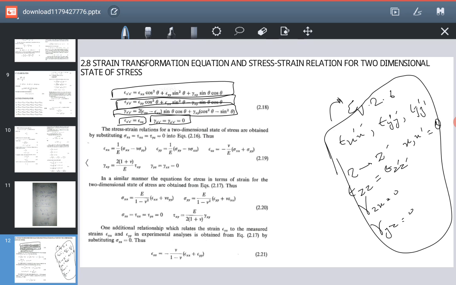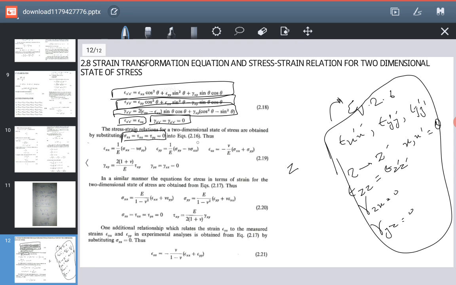Now another thing I'm going to do is assume a two-dimensional state of stress. From a three-dimensional state of stress I'm going to a two-dimensional state of stress, and the dimension which I'm neglecting is the dimension z. Hence the normal stress and the shear stress along z will be equal to 0.